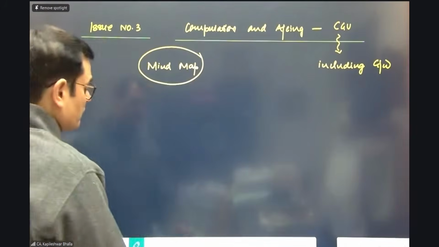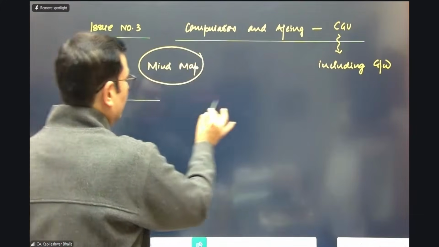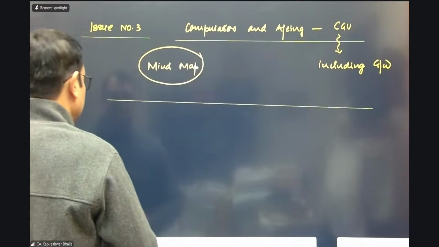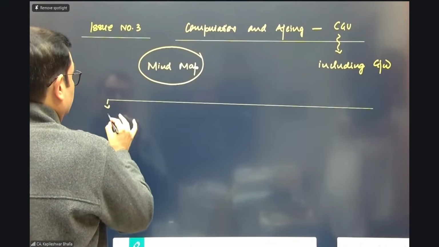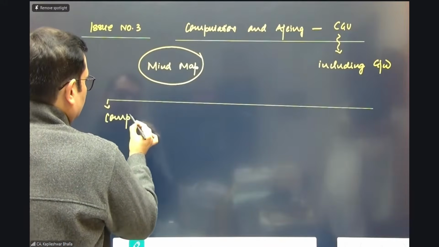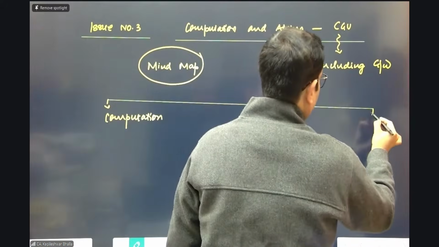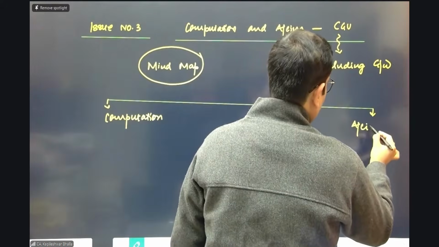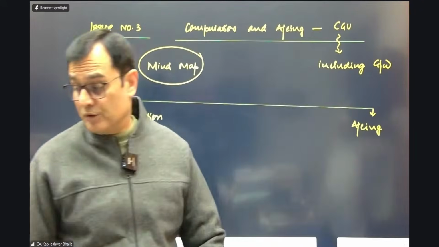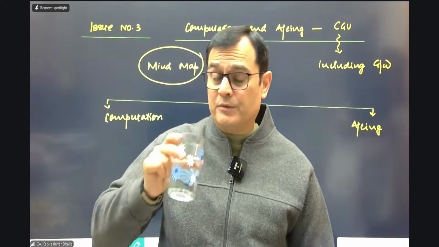Okay, now just making a mind map on the computation and on the accounting treatment. So we are looking at the computation and the accounting. Now let me say something, you can vouch me. Then we'll do some extensive discussion on goodwill as well.